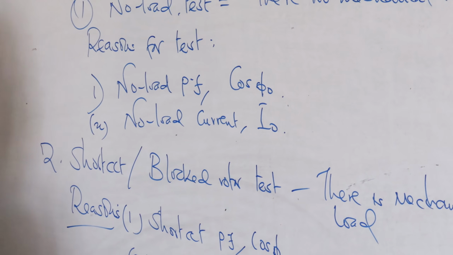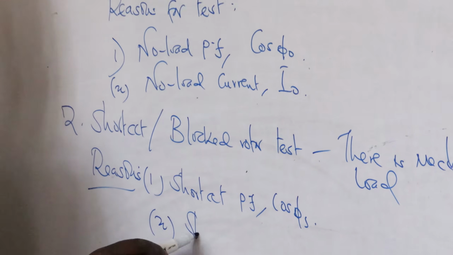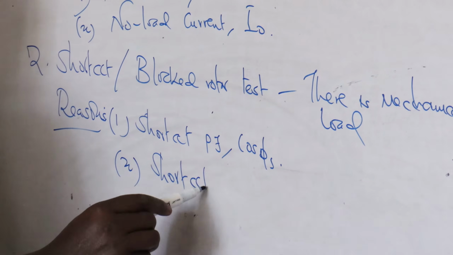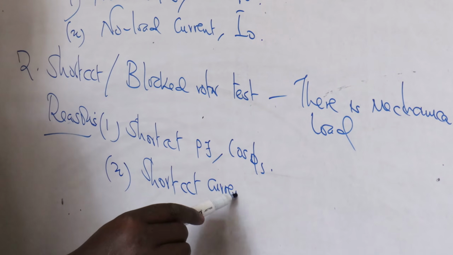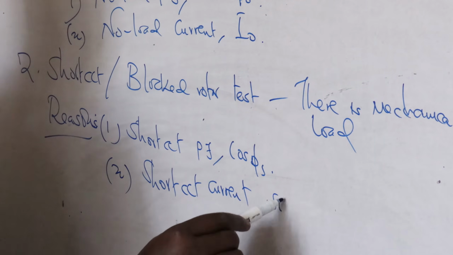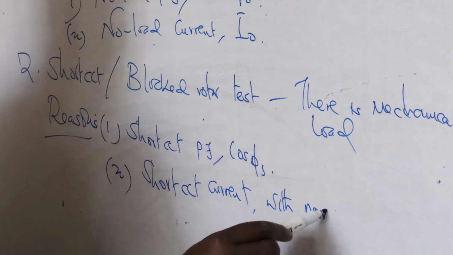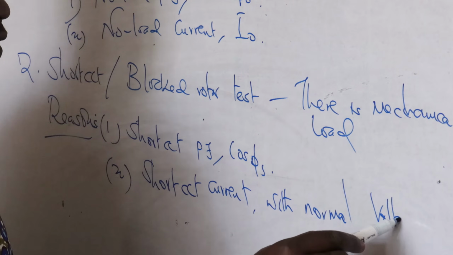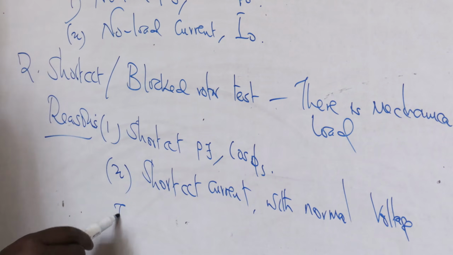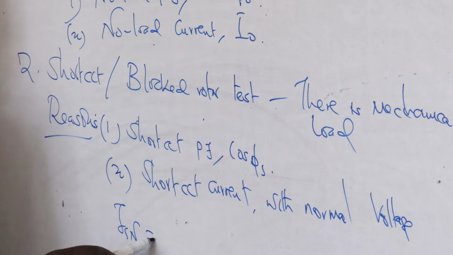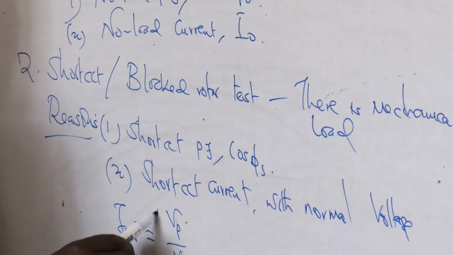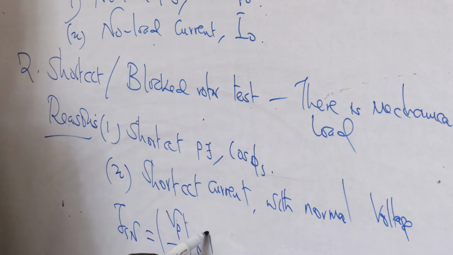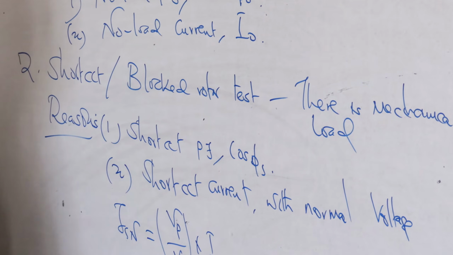Then we have the short circuit current with normal voltage, a current we are calling ISN. What was ISN? ISN is VP over VS times I, the short circuit current.